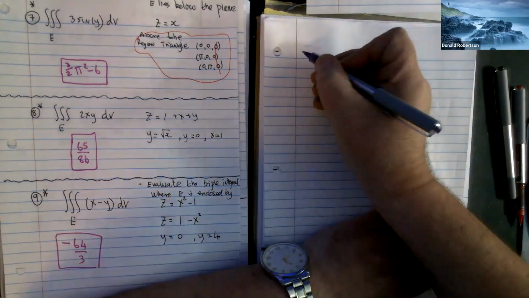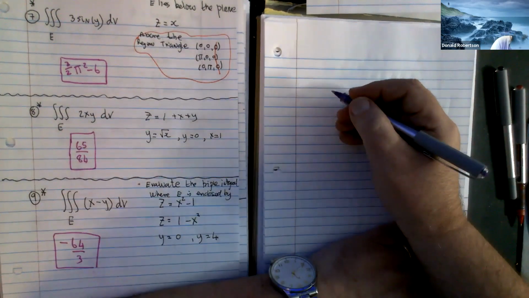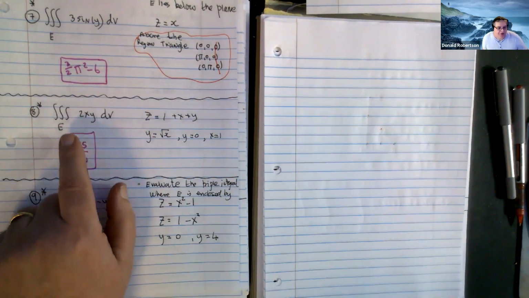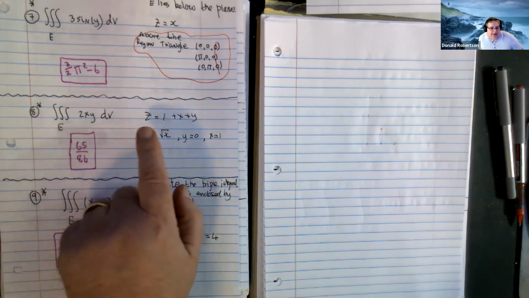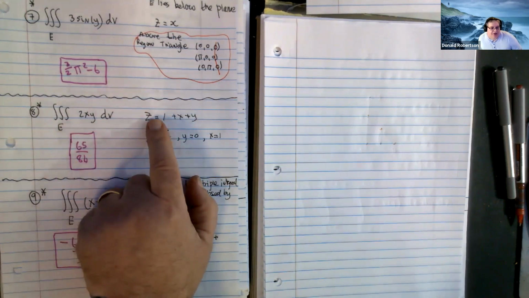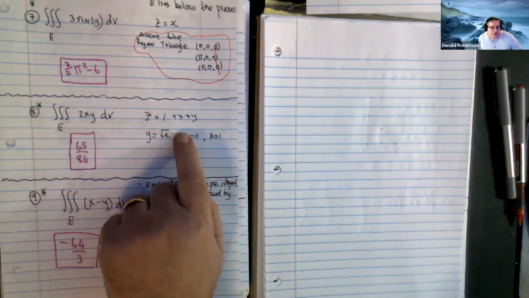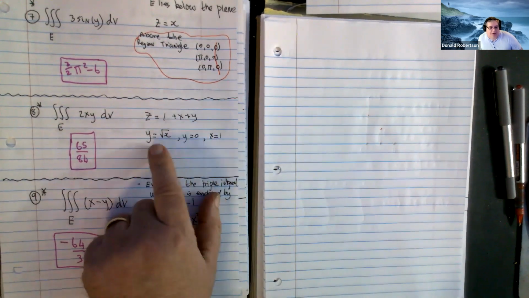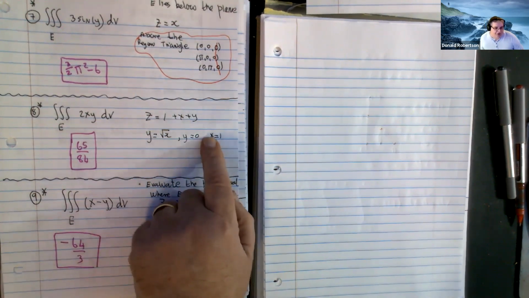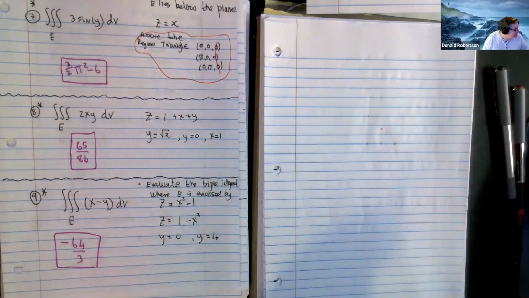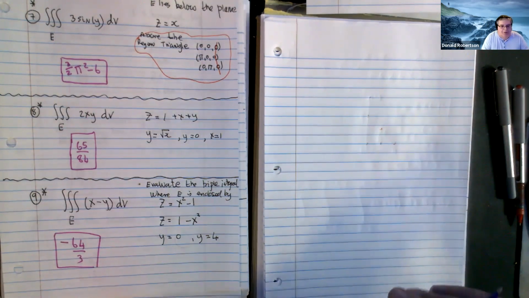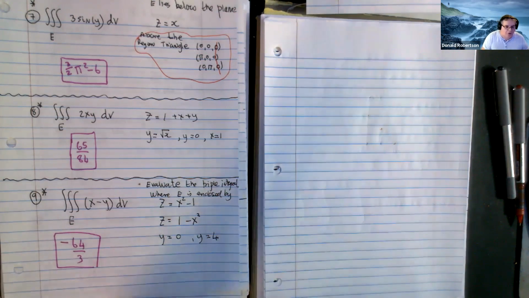Right, question 8 is this one. We're going to find this triple integral, and they tell us that z is equal to 1 plus x plus y, and that y is equal to all this. And I probably missed out some extra bits. Yeah, it's bounded by the plane xy.